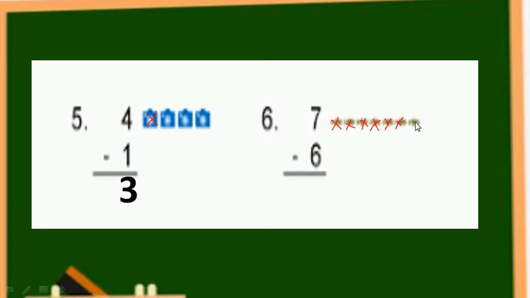Now see what happens. How many objects are remaining there? There remains only one object. That means 7 minus 6 is equal to 1.